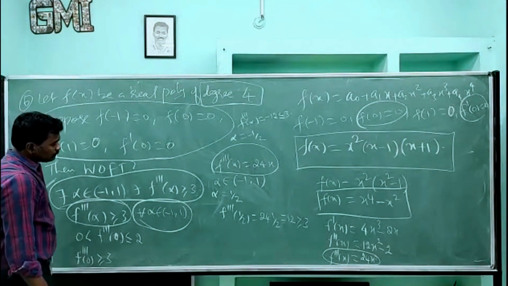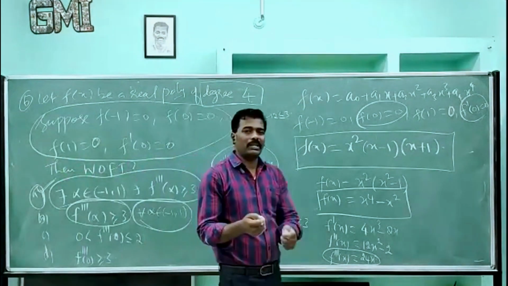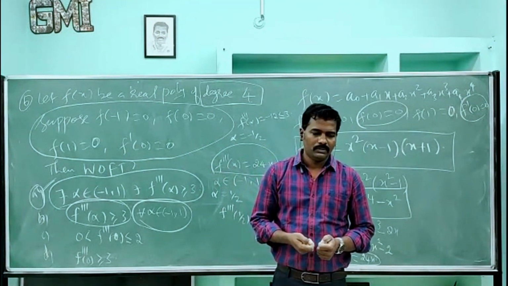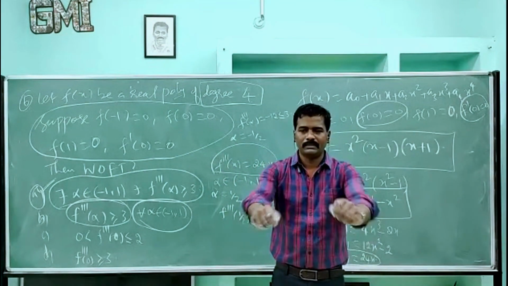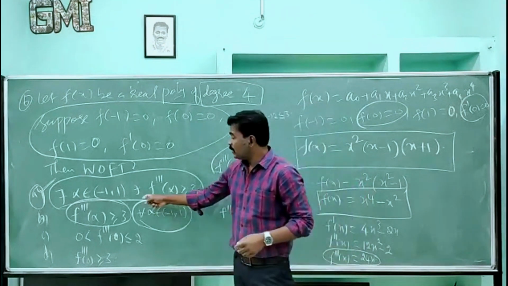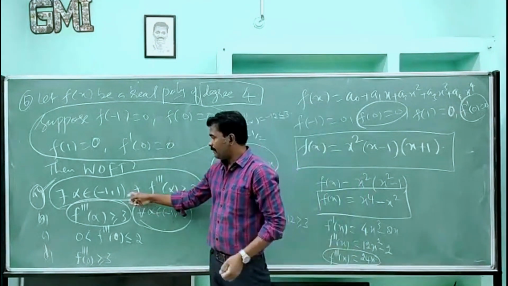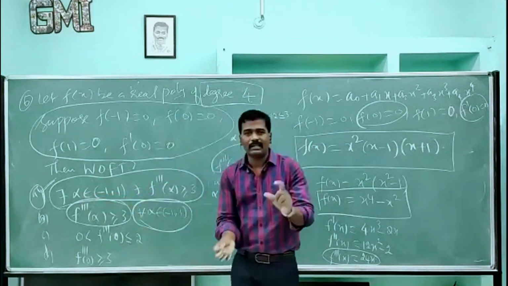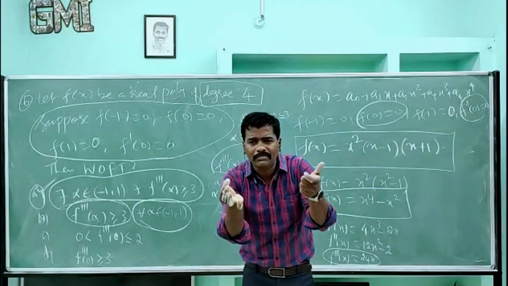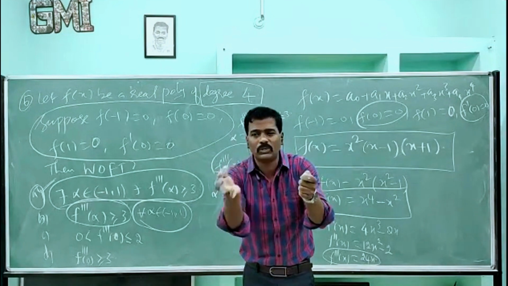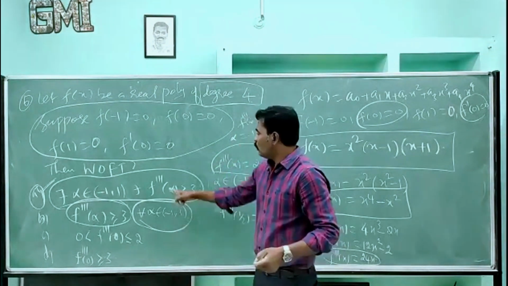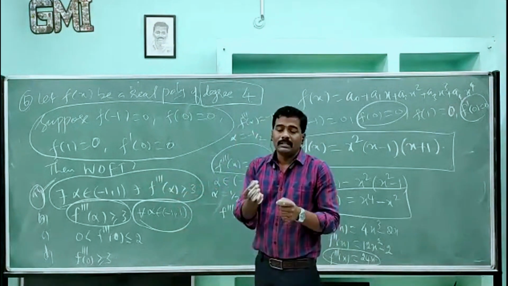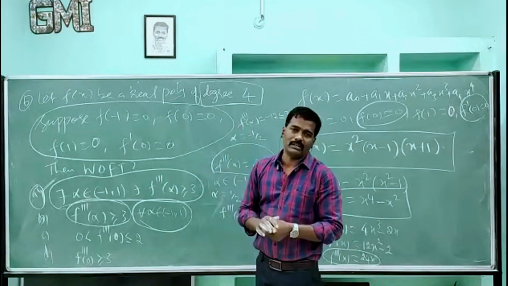See, existence does not necessarily mean showing it for all alpha. The option says that there exists an alpha between -1 and +1 whose f triple prime of alpha is greater than or equal to 3, which means such an alpha exists or not.